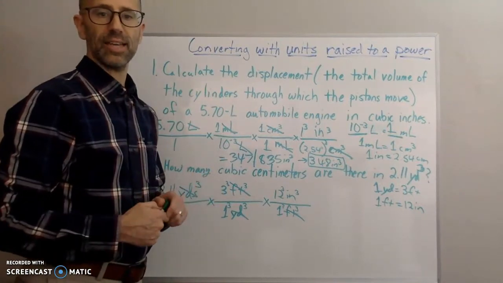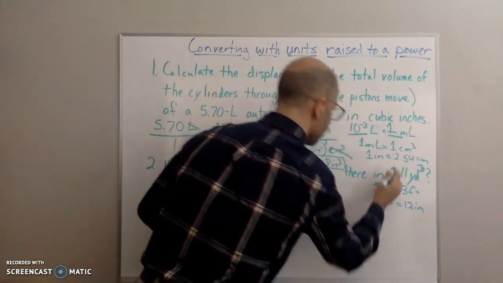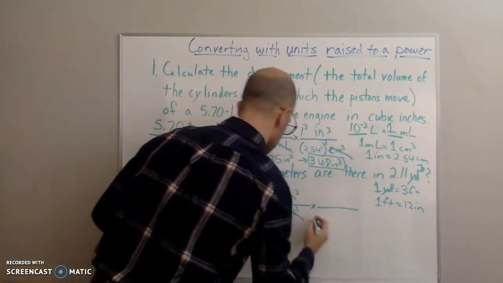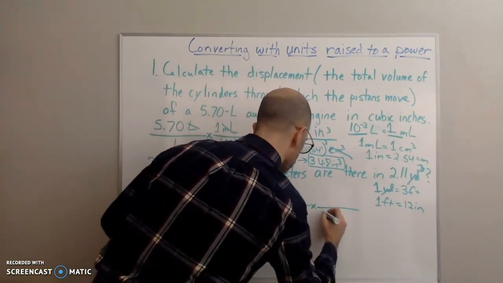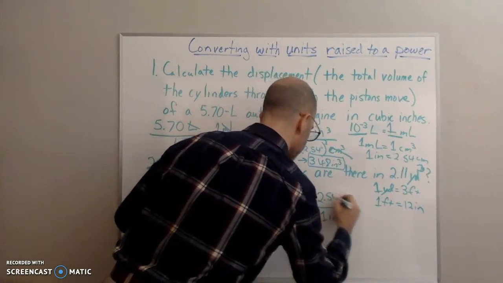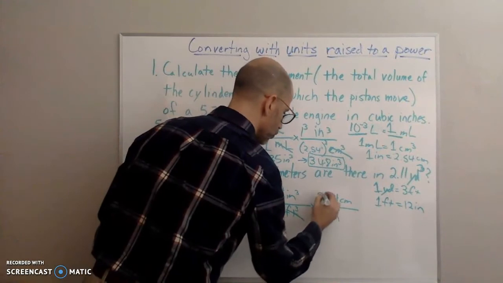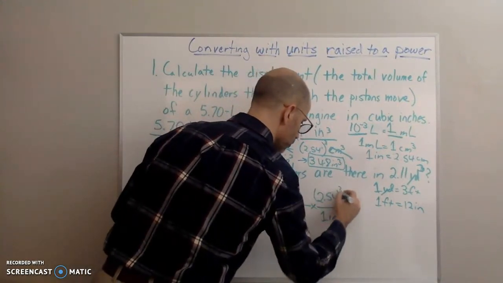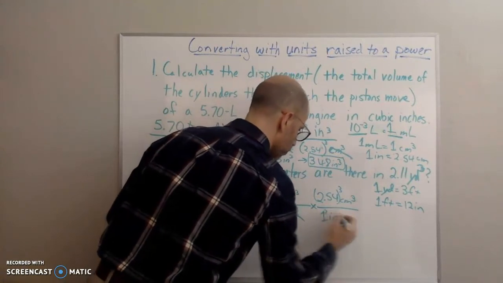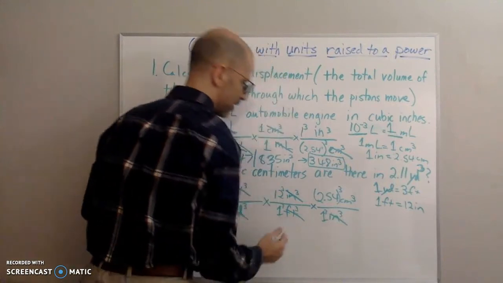So now I need centimeters cubed. So now I can do this relationship here. 1 inch on the bottom, 2.54 centimeters on top. I need the cubed units, so cube this, cube the unit, cube the 1, cube the inches. Now my inches cubed can cancel out.